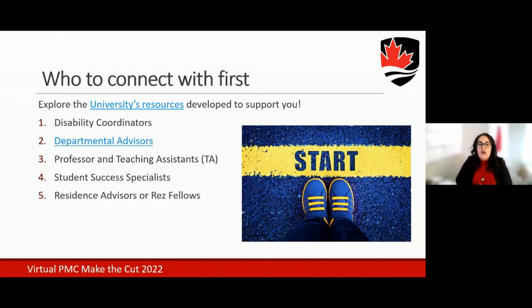So those folks are the people within each individual faculty who know what courses you're supposed to be registered for, how many courses you should be taking in a term. They can even probably talk to you a little bit about where your degree might be able to take you. So departmental advisors are super helpful.